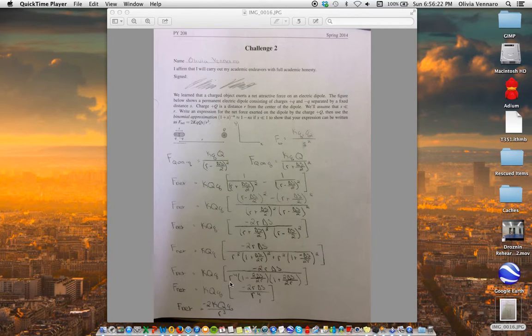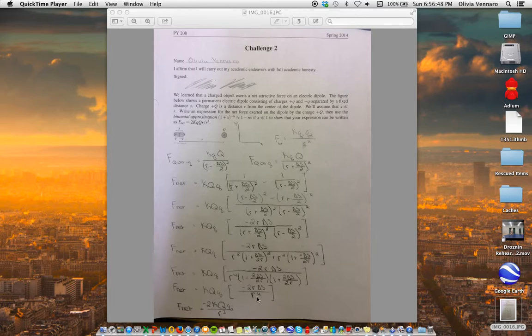And then that gives you r to the fourth because you combined both r squareds. And you get 1 minus 2 delta S over 2r and 1 plus 2 delta S over 2r. And that's plus because this negative and that negative cancel out to make a positive.